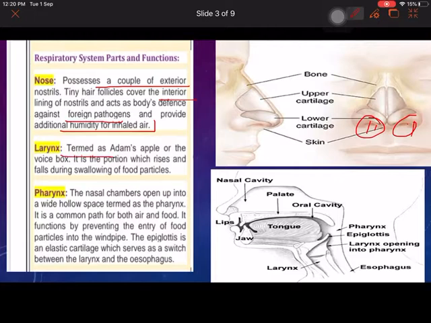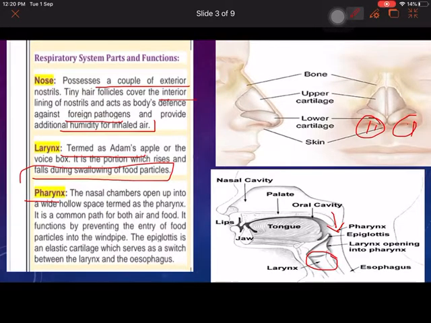The larynx is also known as the Adam's apple. You can feel it in your neck by touching. When you are swallowing a food particle, it rises and falls. The pharynx is the common cavity in the buccal cavity, before your food pipe and windpipe.